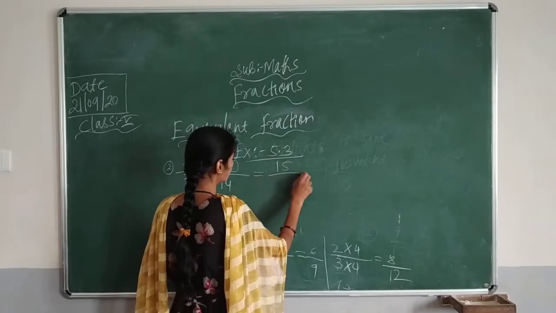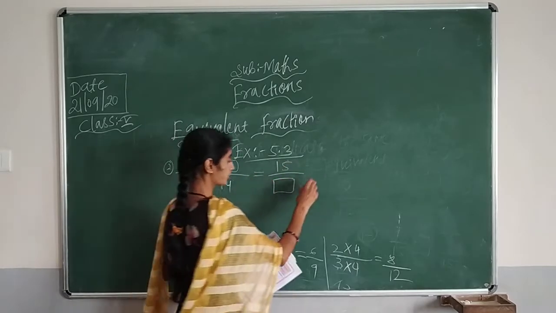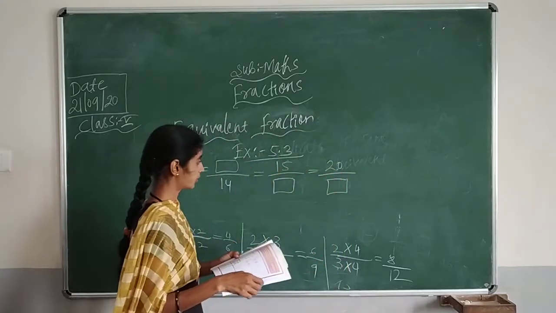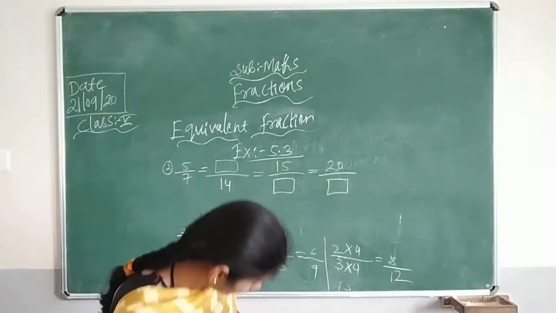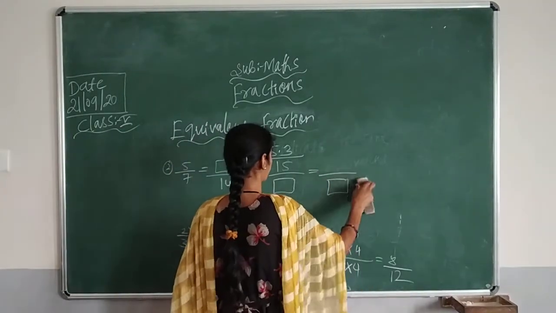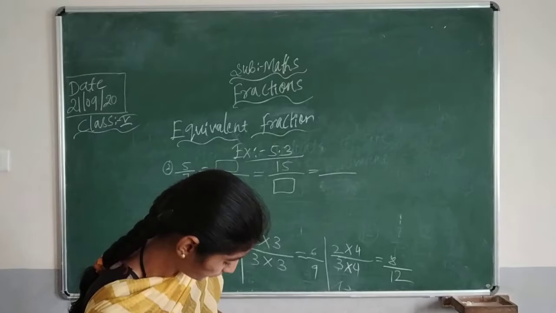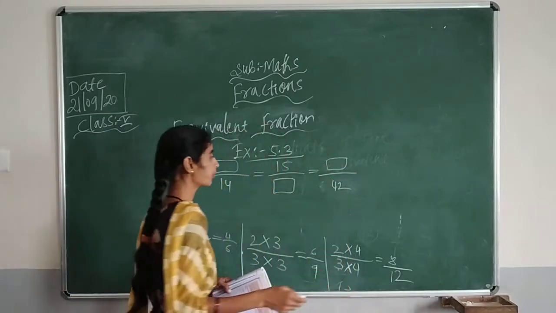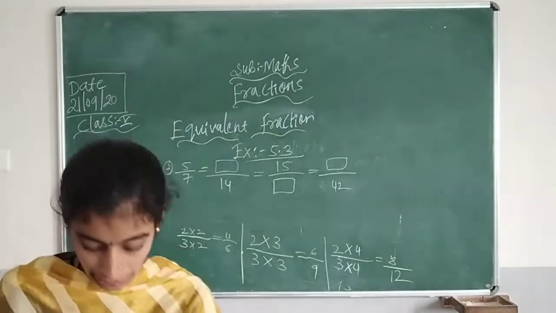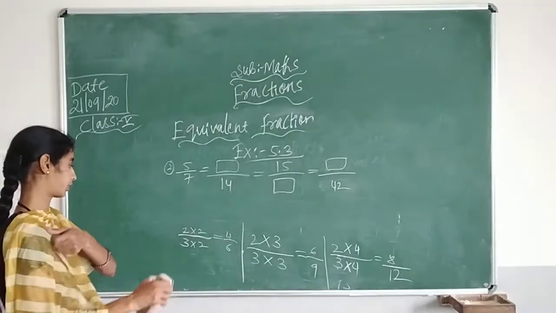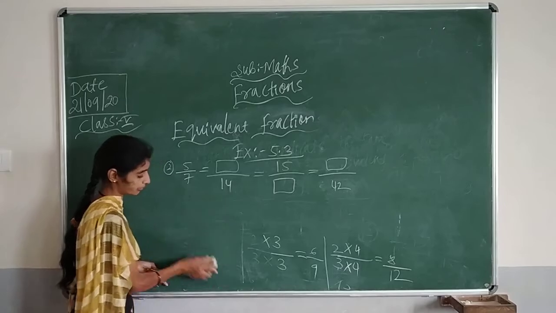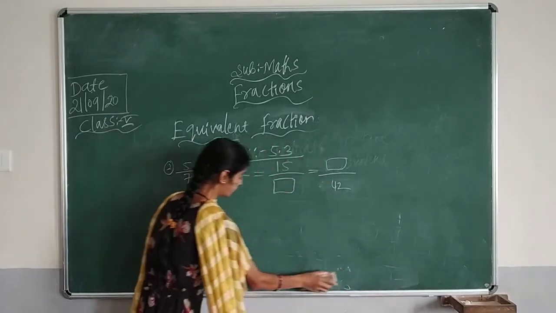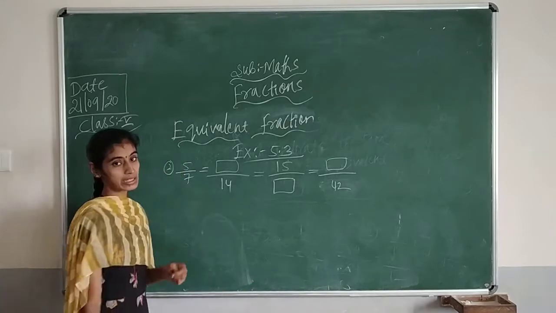Equals 15 where they have given the box. Equals 20 where they have given the box here. Here they have given 42 and here it is given box. So shall we start, children? Like how you have done, same way you have to write and you have to get the values.